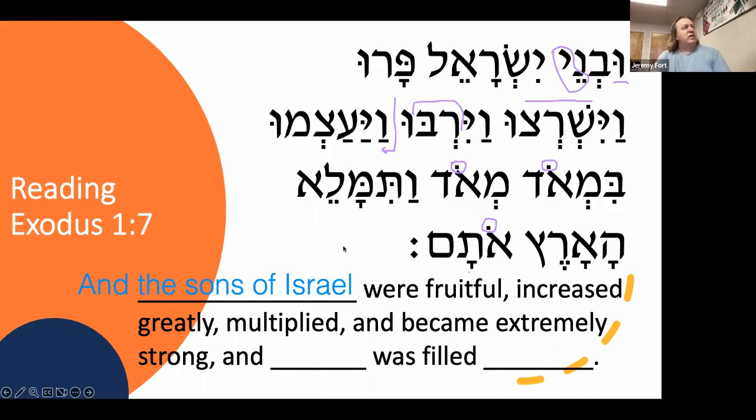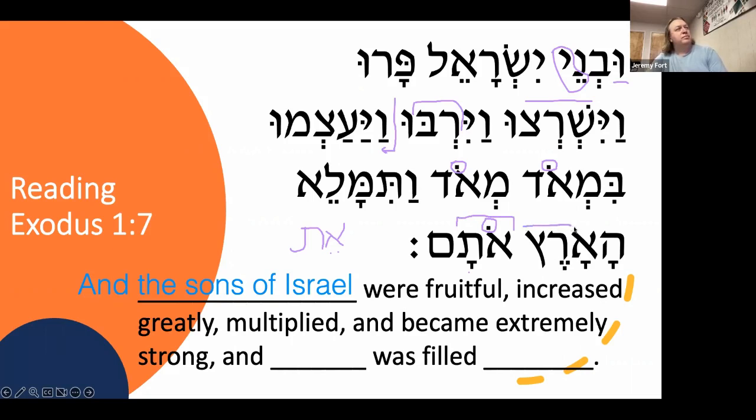This is actually from the root that we just looked at. Et. That's this root right here. The direct object marker, et. Got the land, got that one, perfect.